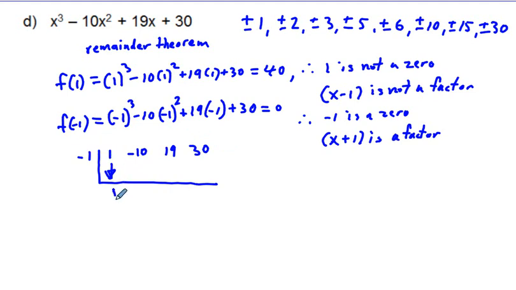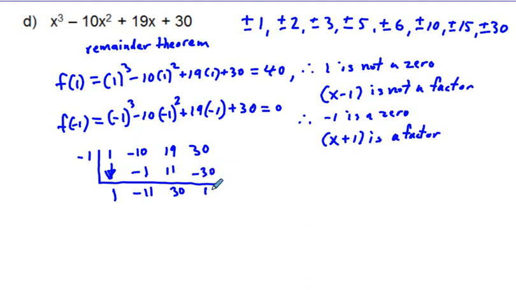Okay, so we bring 1 down here, negative 1 times 1 is negative 1. We get negative 11. Negative 1 times negative 11 is going to be 11. Add these together, 30. Negative 1 times 30 is negative 30.